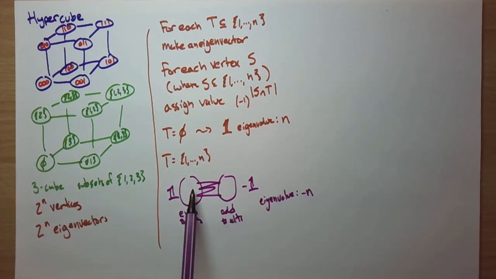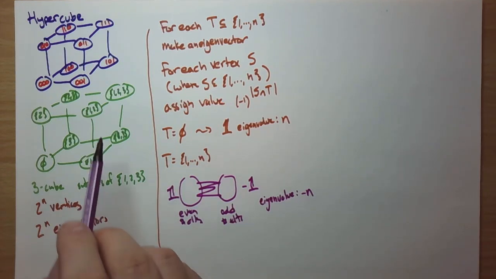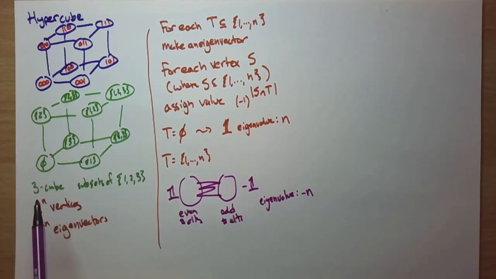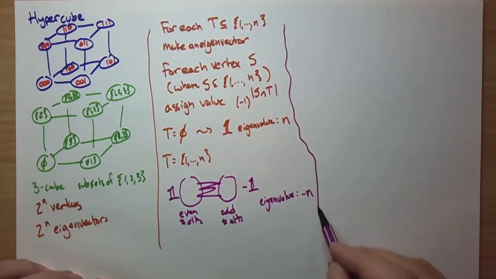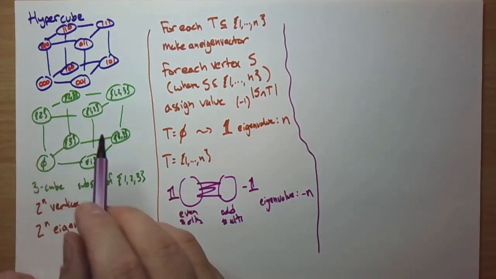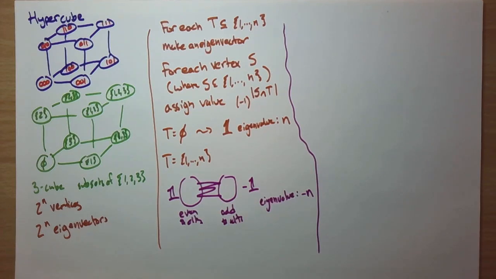So if I take a vertex, I have n neighbors that are minus 1, so the sum is n times minus 1, just minus n. Well, we can try something a little bit more interesting here. Not the empty set, not everything. What's something in between that we can try with our 3-cube?